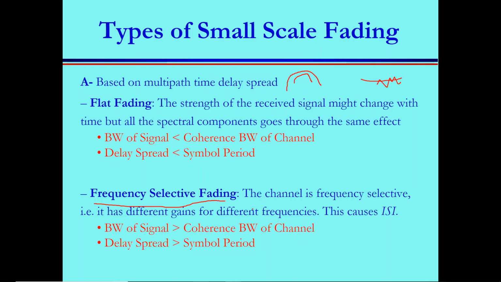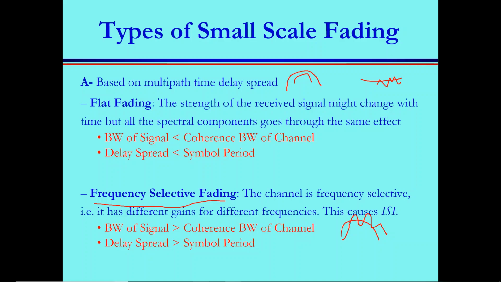It's exactly the opposite of the previous case. When your signal bandwidth is greater than the coherence bandwidth of your channel, you get frequency selective fading. Why? Because in this case, this is your signal and this is your channel. When you multiply them with each other, because we are in the frequency domain, convolution becomes multiplication.